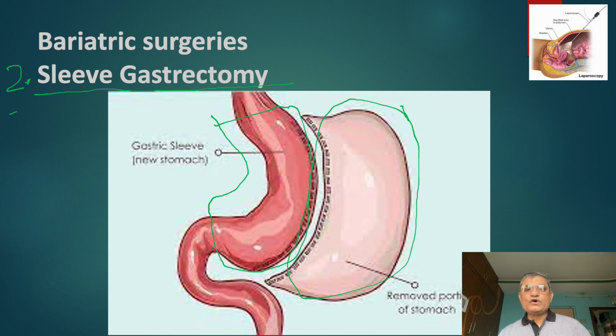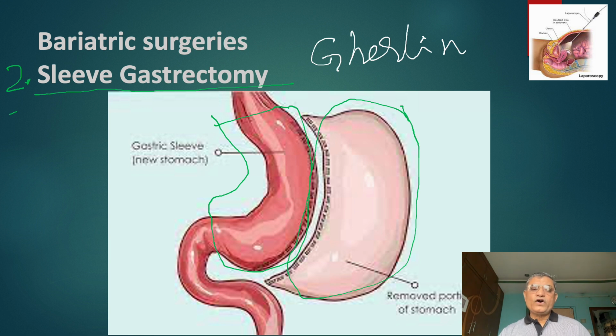It restricts the amount of food that a person can eat, and also the ghrelin secretion, the hunger hormone secretion, is reduced. Now we will move on to the third type of bariatric surgery.